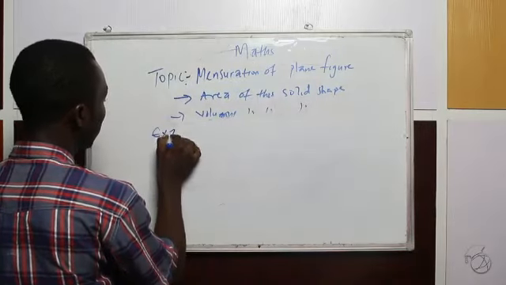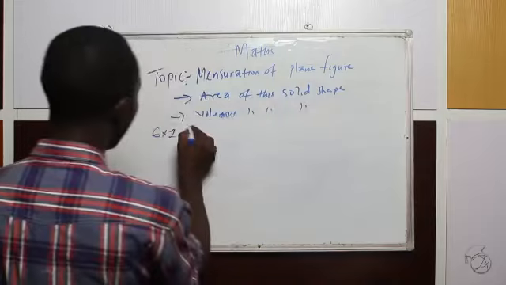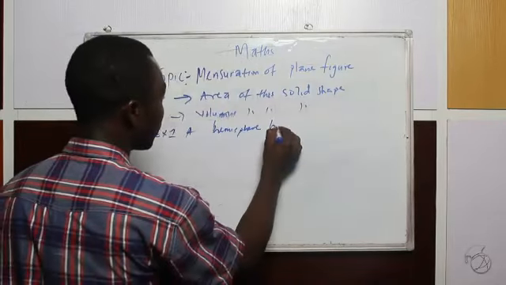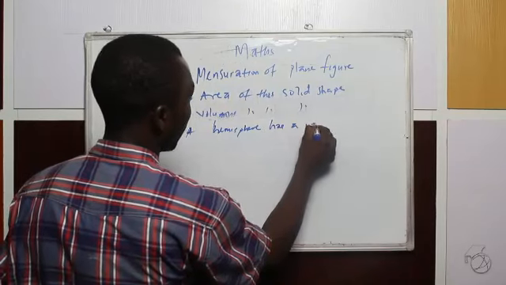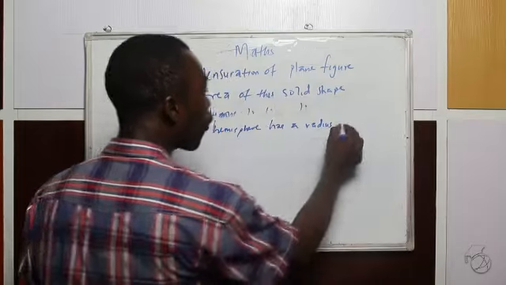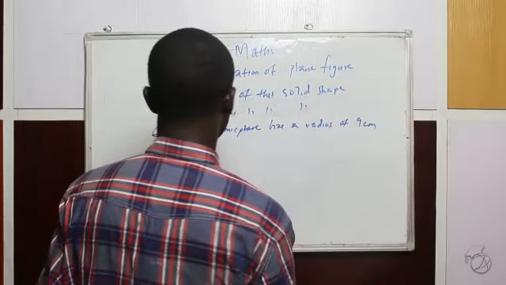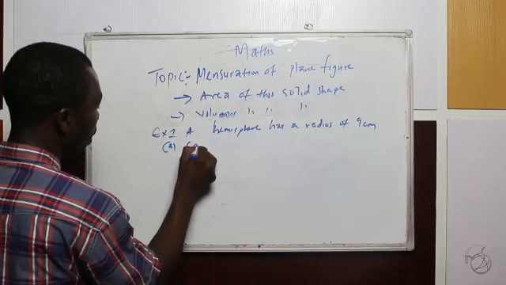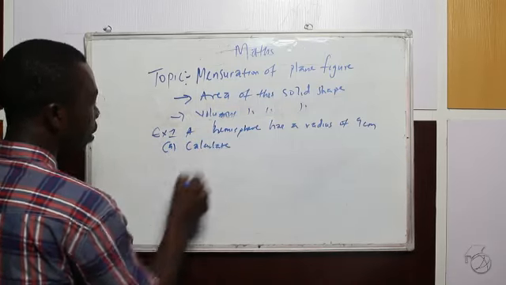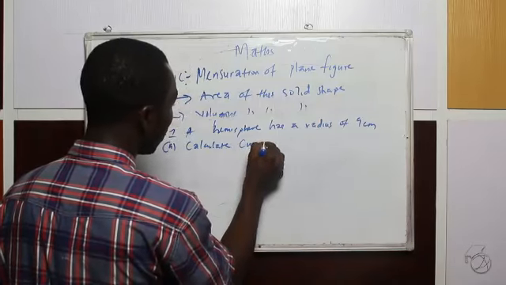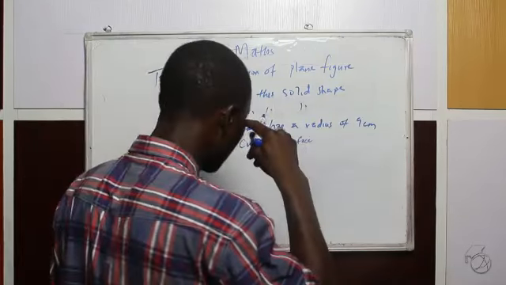Example 1. A hemisphere has a radius of 9 centimeters. A, calculate the curved surface area.